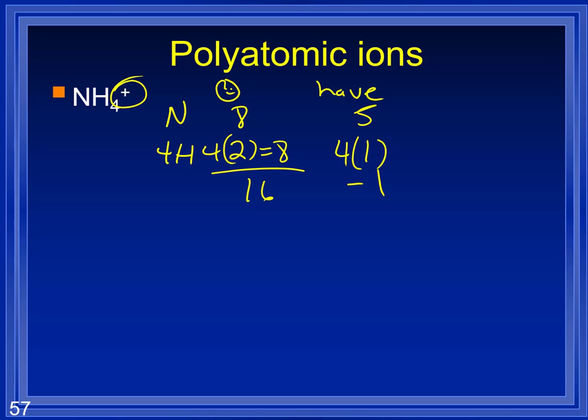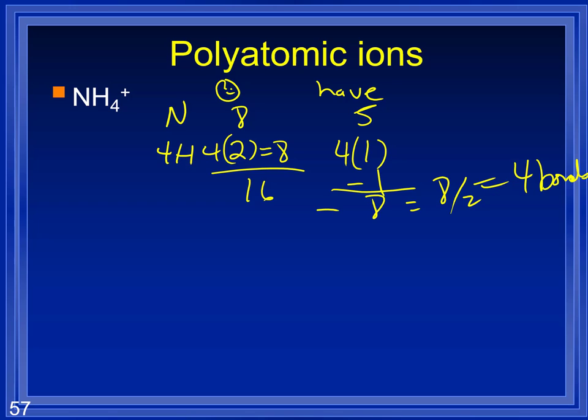Make sense? So this is now going to have 8. 16 minus 8 is 8, divided by 2 is 4. So this has 4 bonds. I go back to my original formula and say there are 5 atoms in that. What are the fewest number of bonds I could get away with for 5 atoms? 4.